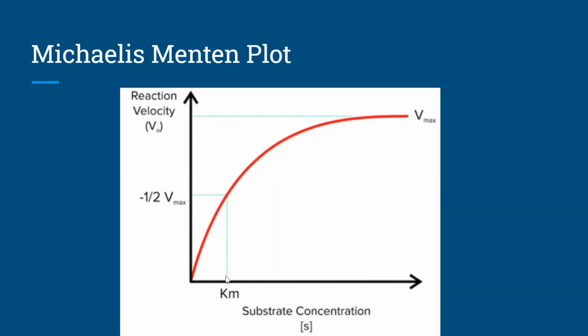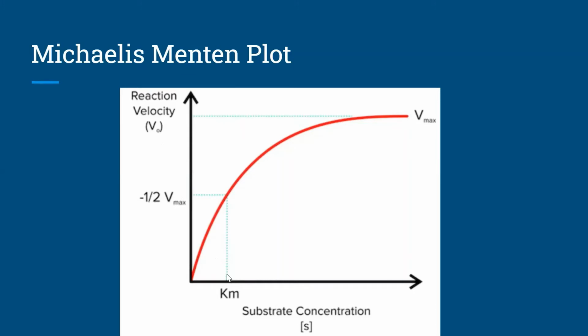This is the substrate concentration required to reach half of Vmax. So you can see it's 1/2 of Vmax on the y-axis. At half of Vmax, this is the amount of substrate concentration needed.